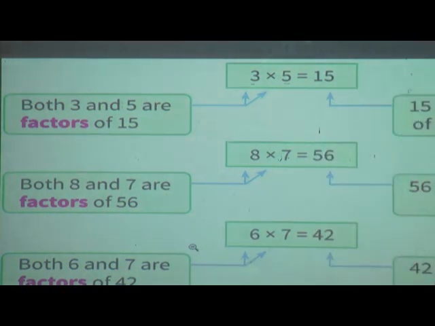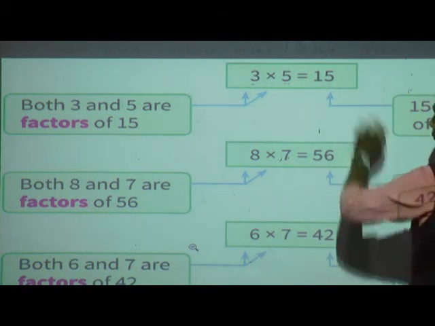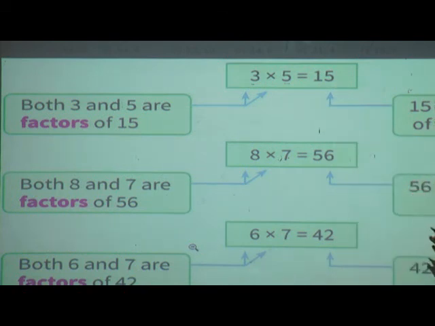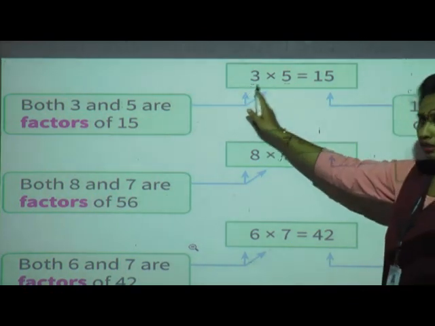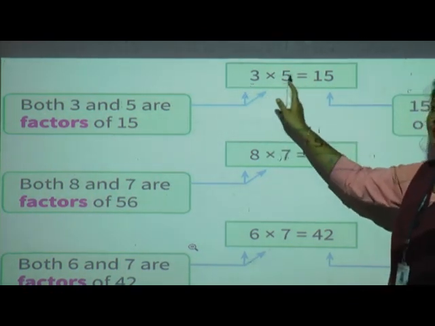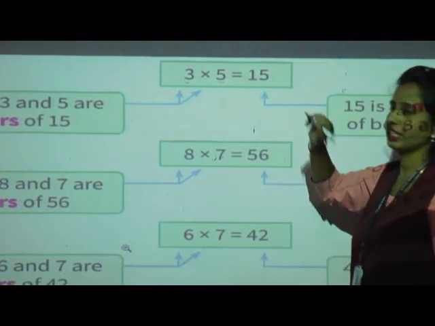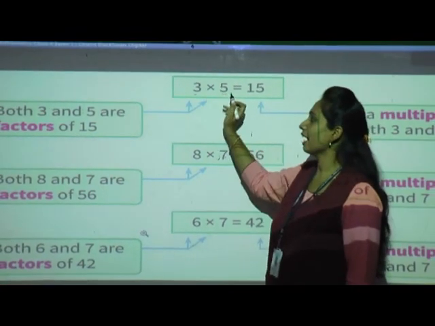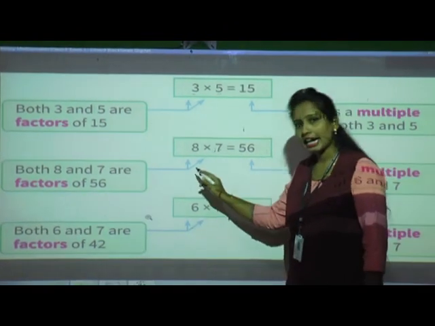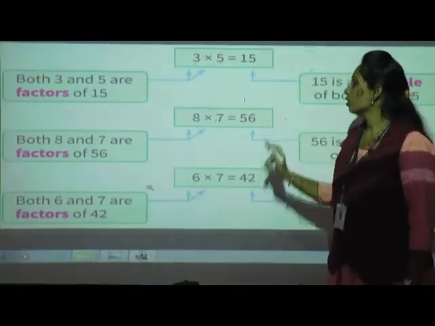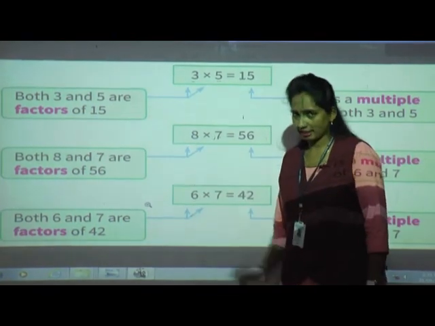So here you can see the 15. In which table is 15 there? Yes, 15 is there in the 3 table on the 5th place. So 3 multiplied by 5 is 15, isn't it? So 3 and 5 are the factors of 15. And 56, 8 sevens are 56. So 8 and 7 are the factors of 56.